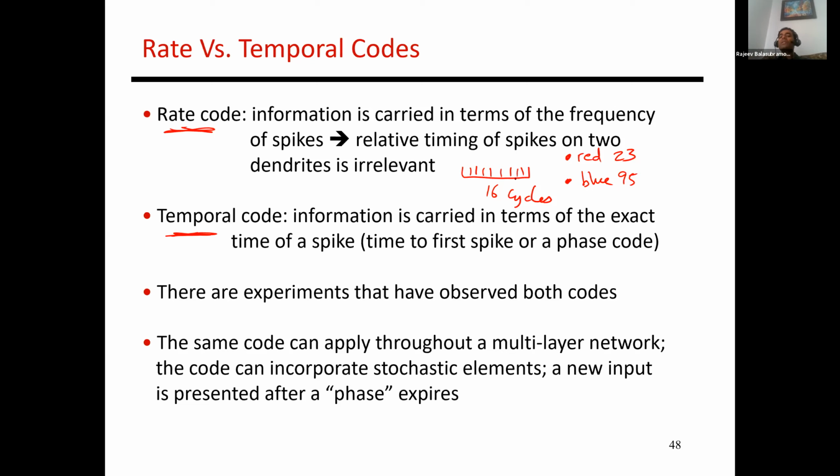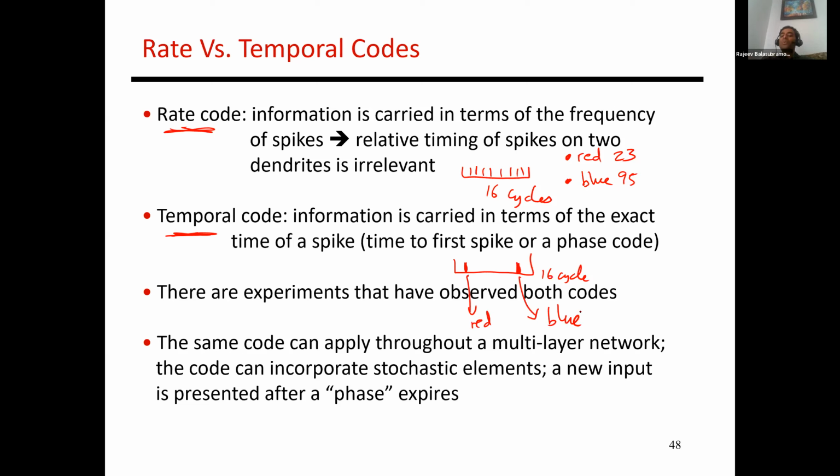Temporal coding says that I'm going to convey these values in terms of time. So again, if I have a 16 cycle window, a value of 23 is conveyed as an early spike, a single spike that shows up at roughly time 23. Whereas a blue value of 95 may show up as a single spike that comes much later in that window. So this represents red, this represents blue.